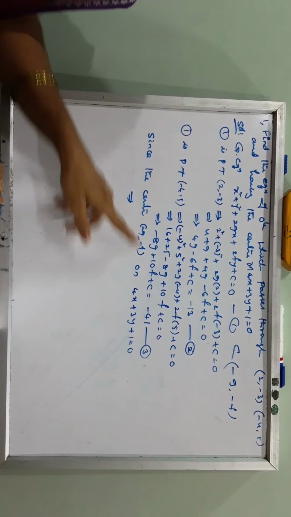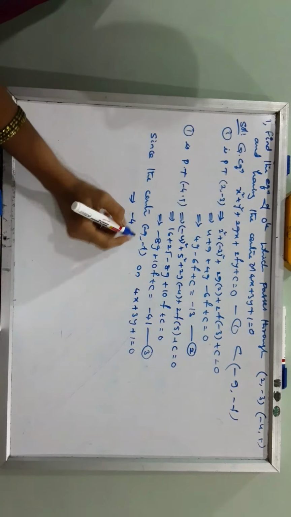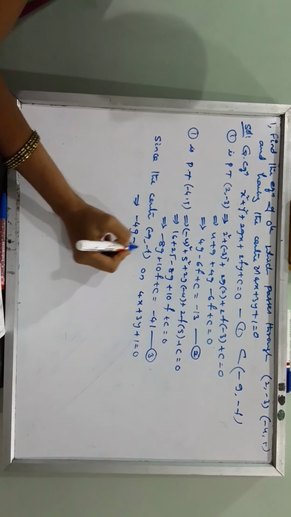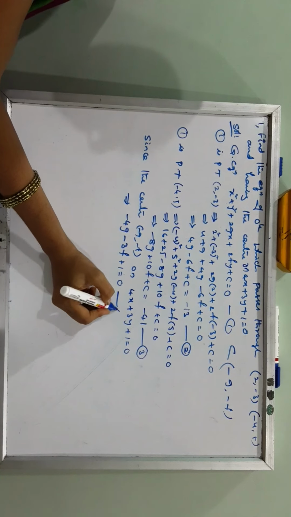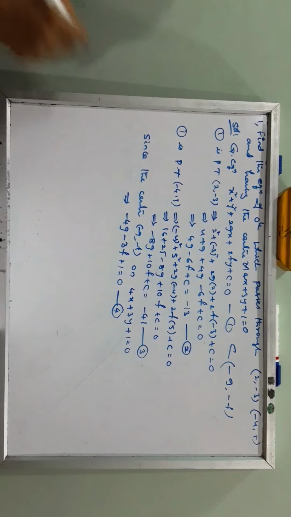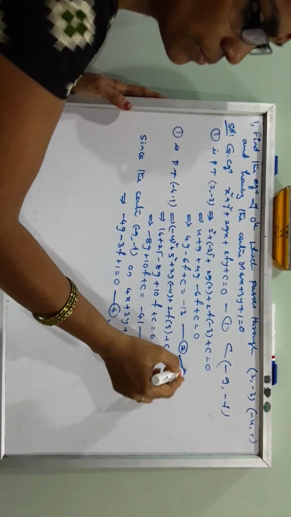Put x = -g and y = -f: 4(-g) + 3(-f) + 1 = 0, that is -4g - 3f + 1 = 0. Equation 4.